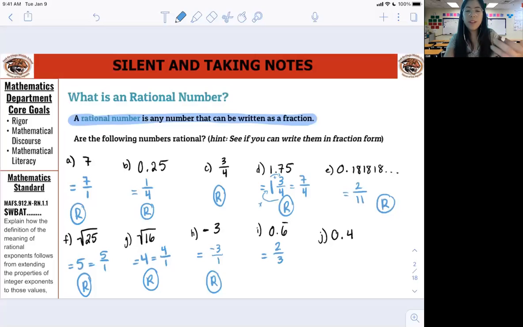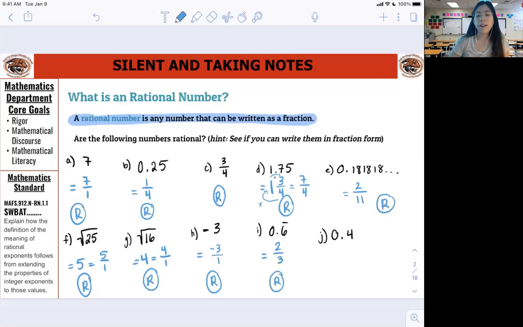Right. So what an iPhone does, and some calculators actually do this as well, is it rounds up at the very last number. But what it actually means is that this is a repeating decimal that goes on forever. It's never going to stop. It's just going to keep going 66666 forever. So 2/3 is the correct fraction for that one.